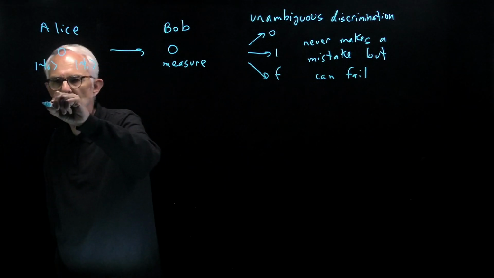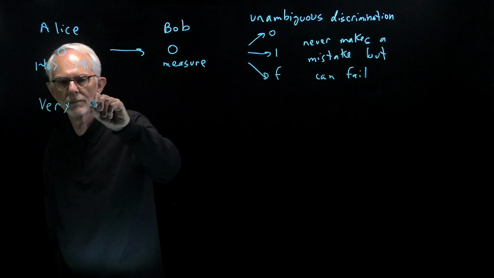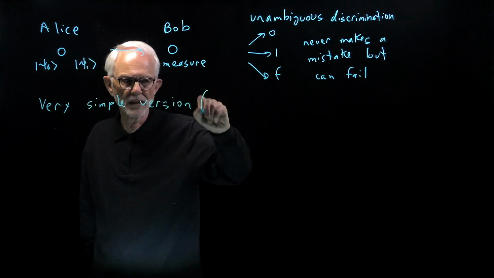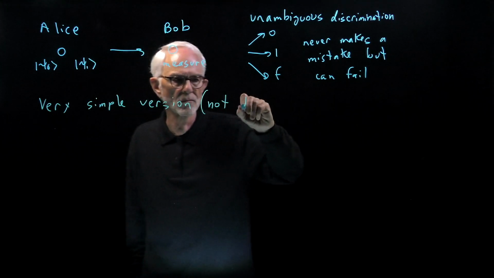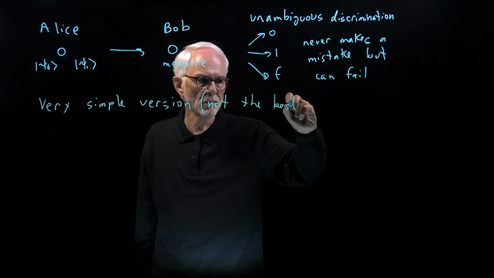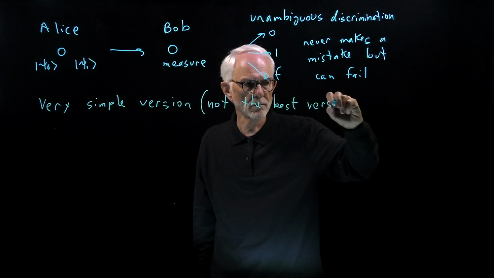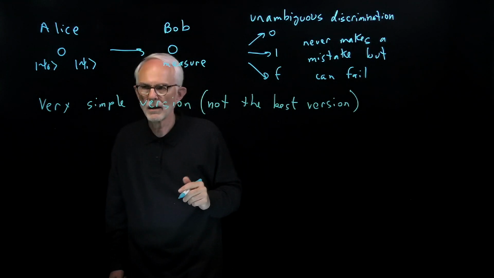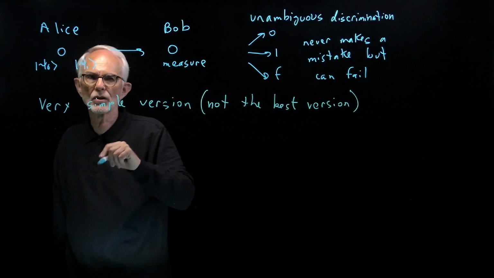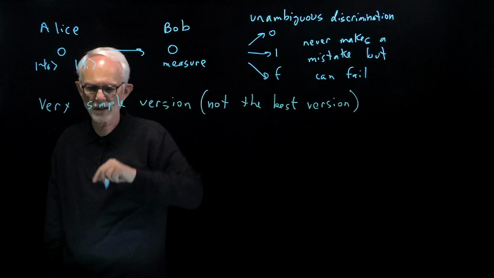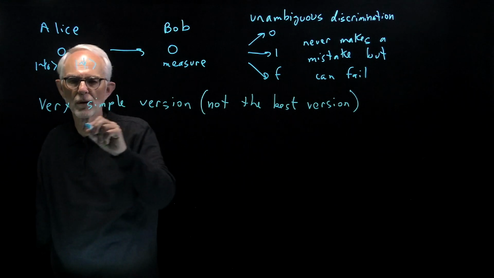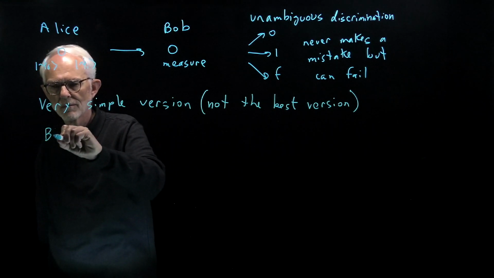This is a very simple version, and this is not the best. Okay, so what's going to happen here is Bob is going to get his qubit from Alice, and he's going to measure in the psi 0 perp basis. So Bob measures.